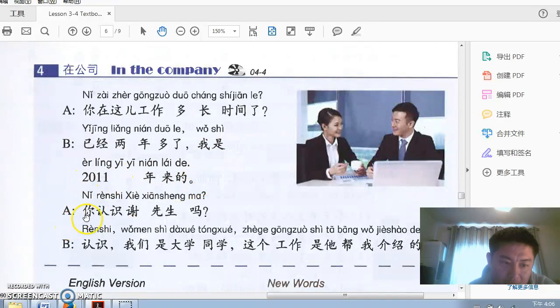And A says, 你认识谢先生吗？认识 to know. We learned that before, I believe. 认识你很高兴, it's nice to meet you.